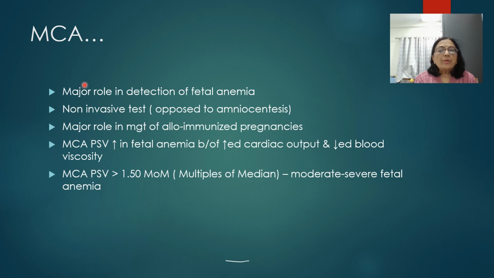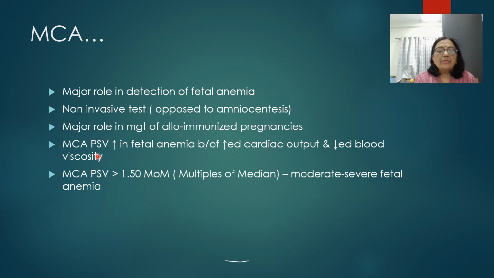Middle cerebral artery Doppler has a major role in detection of fetal anemia. It has almost replaced amniocentesis completely now because it is a non-invasive test. It has a major role in management of alloimmunized pregnancy, RH incompatibility.